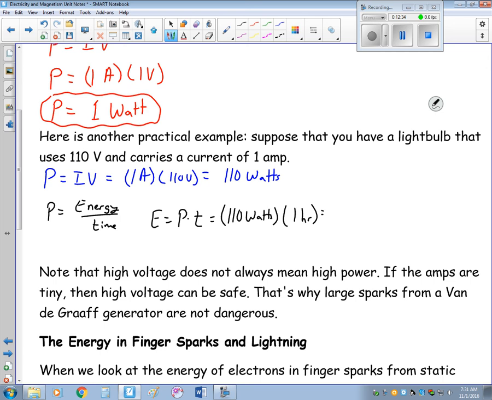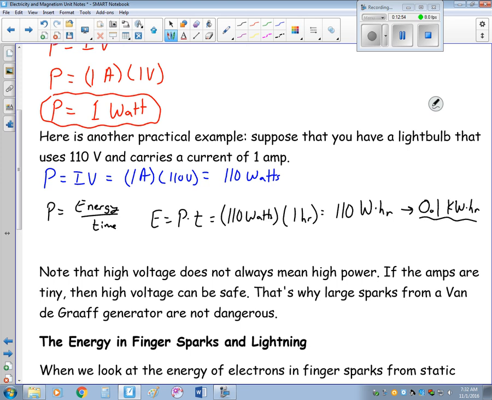This equals 110 watt hours of energy, or real close to 0.1 kilowatt hours.